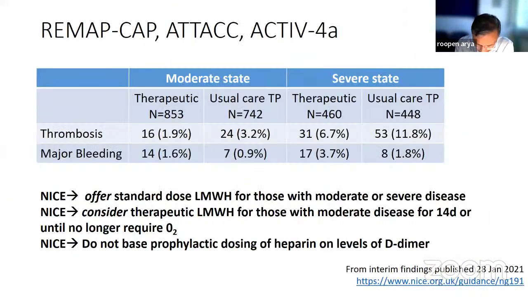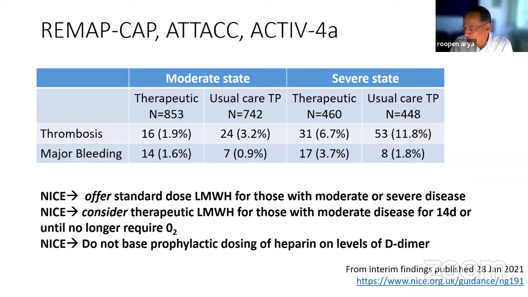But there were two major flaws in that the control group in these multi-platform studies were non-concurrent patients. The other was that in the critically ill patients, 22% of those in the therapeutic group did not receive therapeutic dose anticoagulation, and 50% of those in the control group received intermediate dose anticoagulation. So when we look at these studies as a whole, there are major flaws and large heterogeneity in terms of the chosen outcomes.